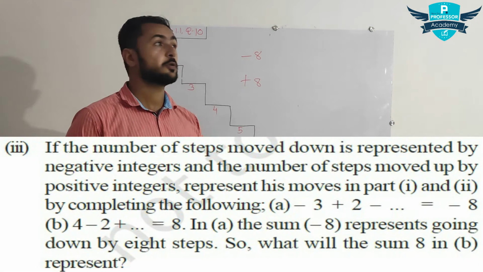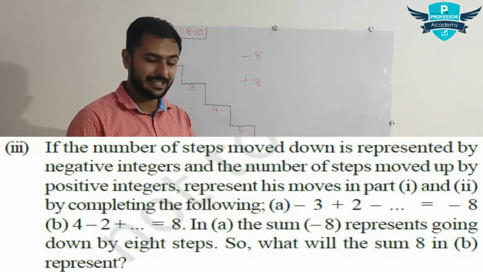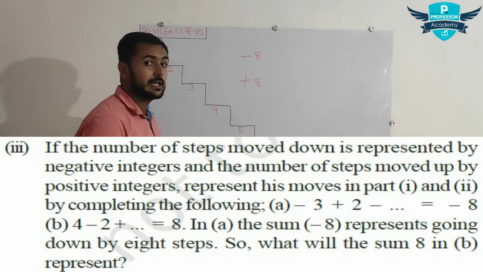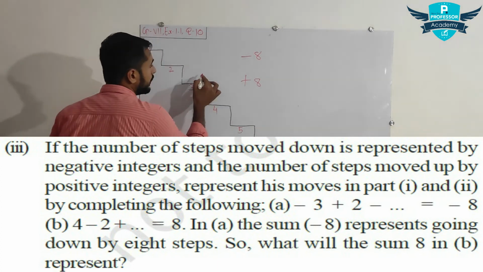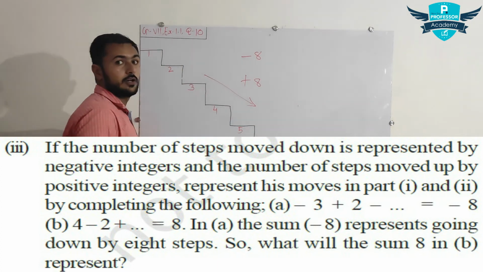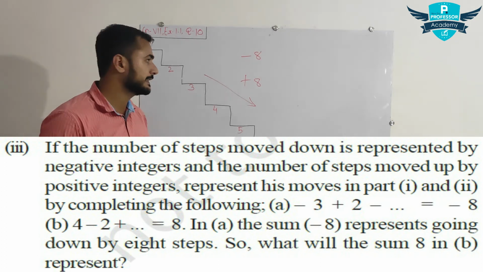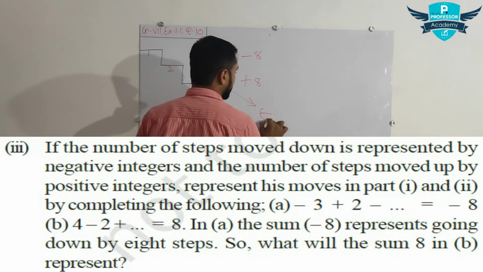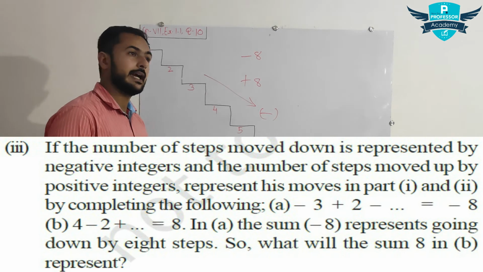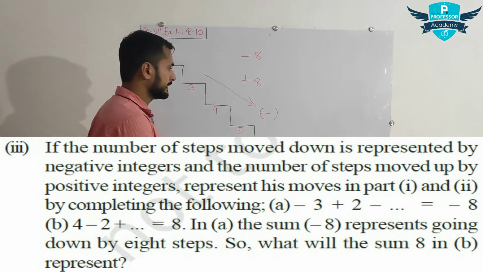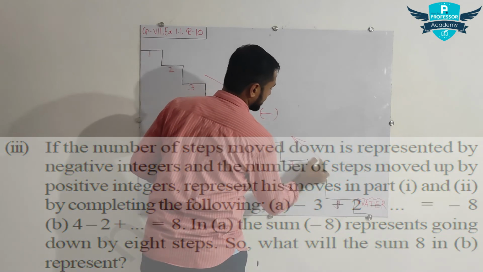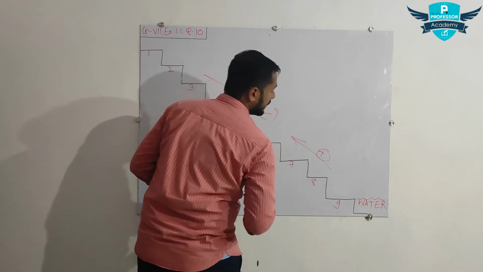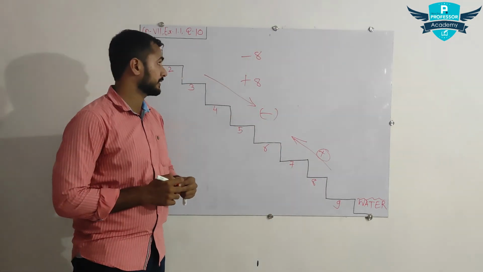In the last portion of question number 10, they said that if we move down in this direction, it will be shown as a negative integer, and if we move upwards, then it will be shown as a positive integer.